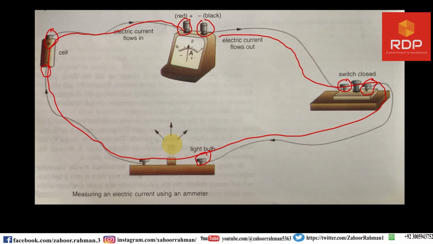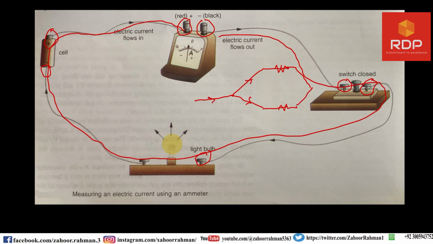But if there is a division of path, one is going in this way and one is going in this way, and there are loads connected to these wires which is shown in this, then this is called parallel circuit.